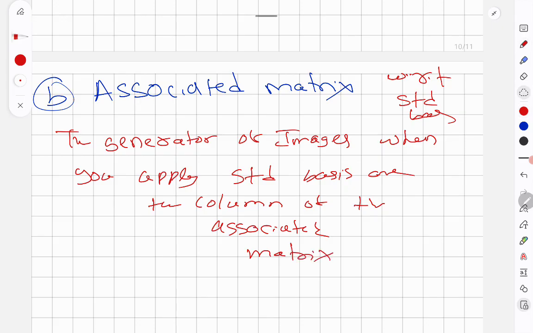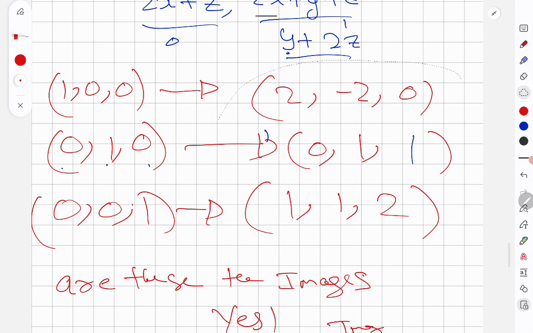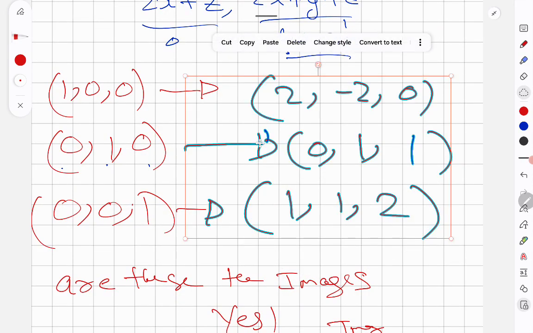So in short, I got these three, right? When I sent it to the image, I got these three as an image. So these are the generators of the image, not the basis of the image.